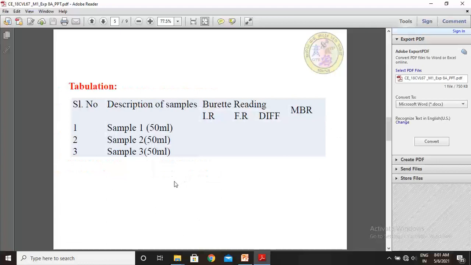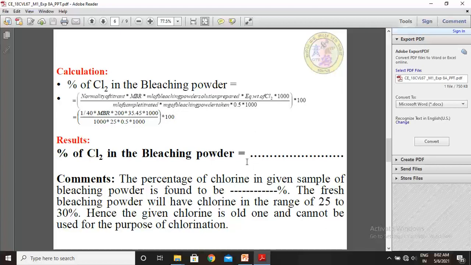This is the tabulation: serial number, description of samples, burette readings. Here we are doing 3 trials and we are getting MBR in ml. Calculations.